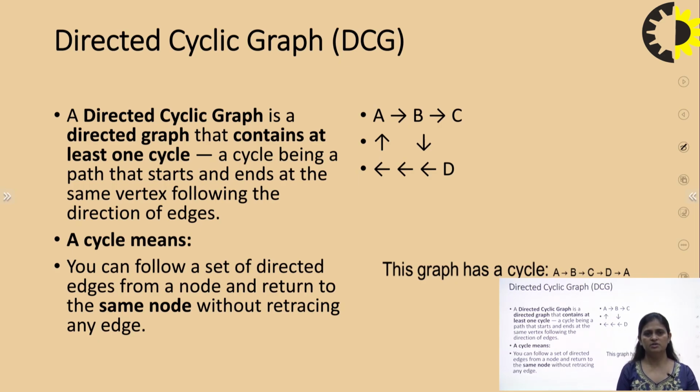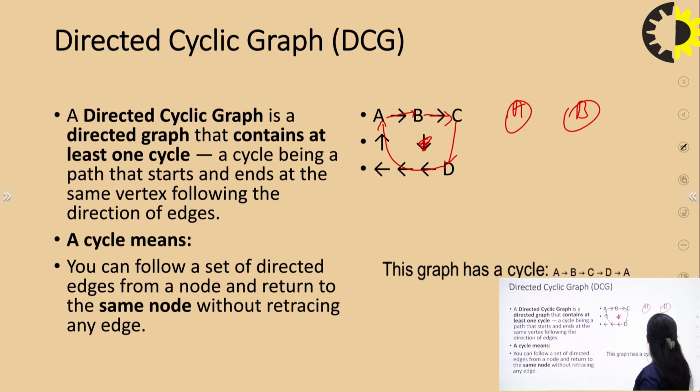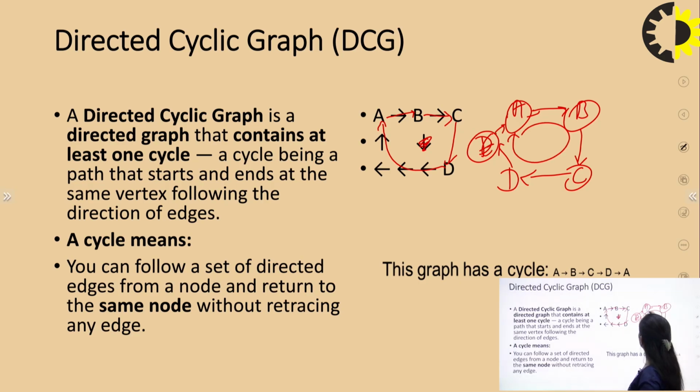In this graph there is a cycle from A to B, B to C, C to D, and D to A. This is another graph: if there is a path from A to B, B to C, C to D, and D to E, and at least one cycle is formed with the directions, then it is called a directed cyclic graph.